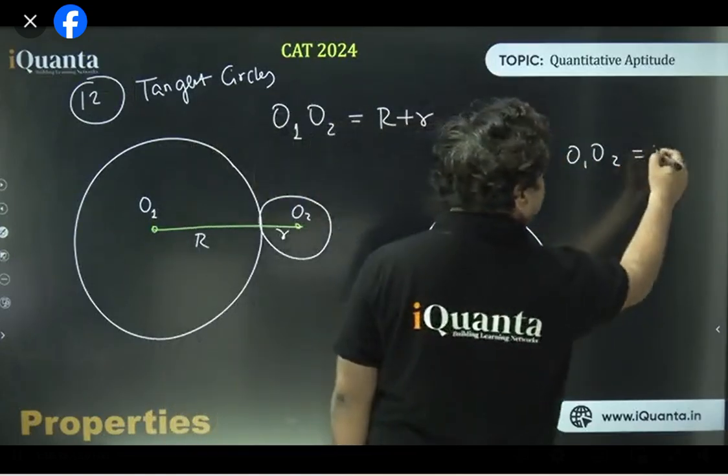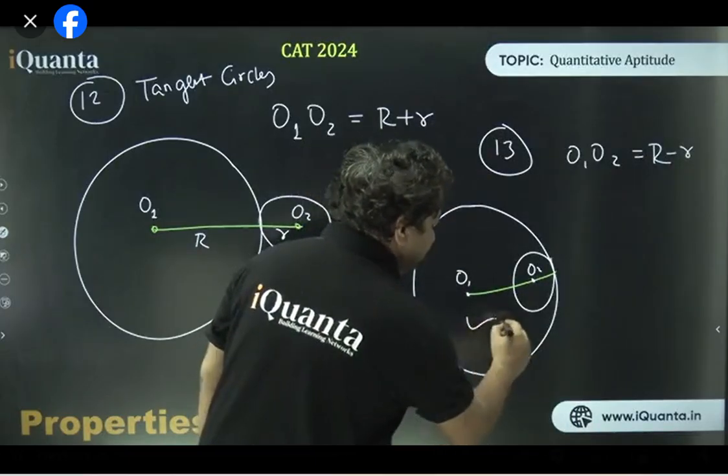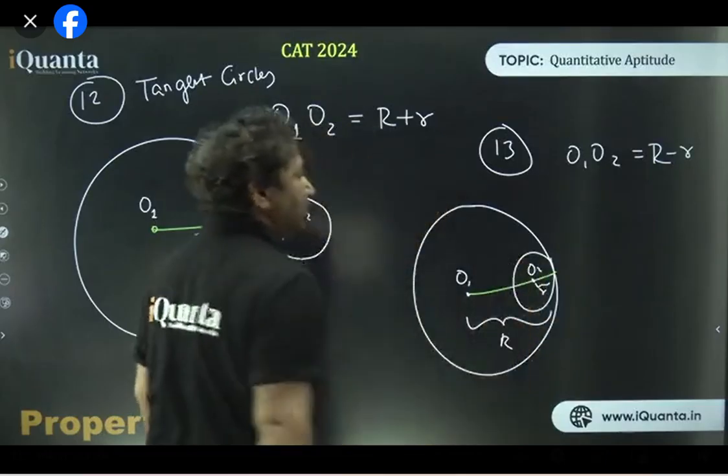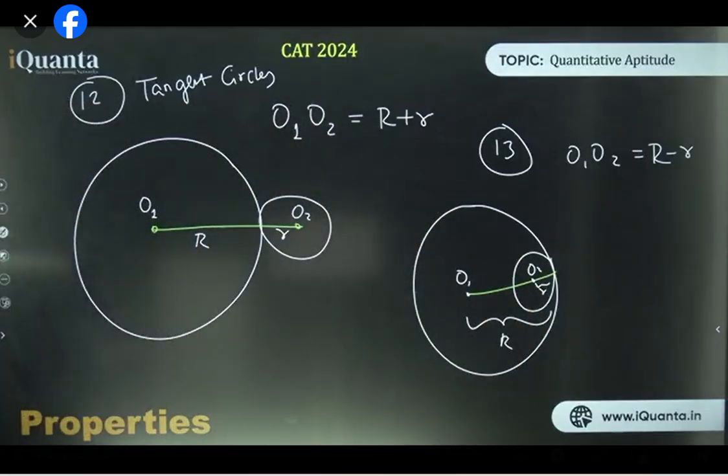This will be equal to capital R minus small r. So capital R is the radius of the larger circle and small r is the radius of the smaller circle. Is that clear? O1 and O2 are the centers. Aditya, centers of the circle.